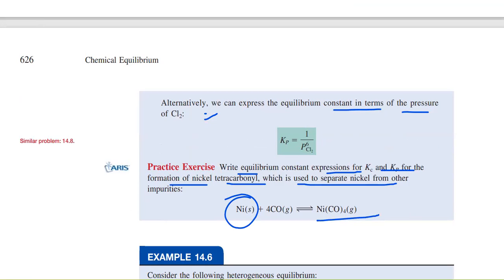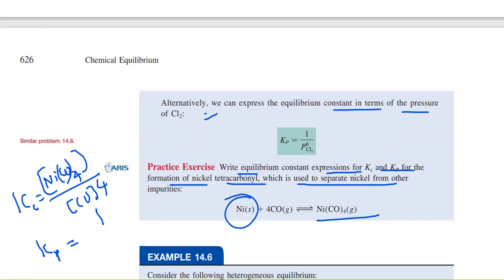So Kc will be equal to Ni(CO)4 concentration divided by CO concentration power 4. Alternatively, Kp can be written as the partial pressure of nickel carbonyl Ni(CO)4 by the partial pressure of CO power 4.